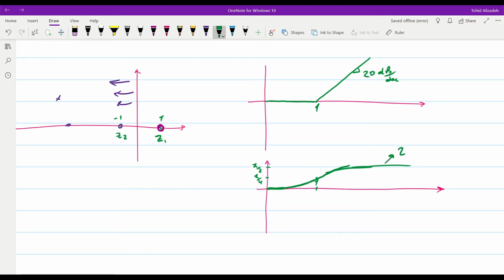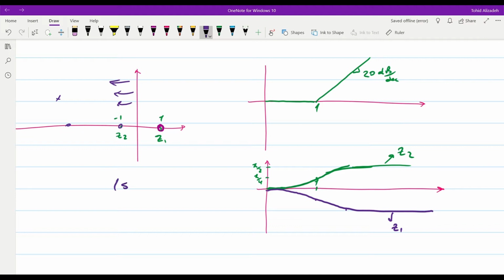This is for Z2. But when the zero is on the right half plane, its angle or phase will become negative. It will behave like a pole indeed. This is what we have for Z1. And you can find out why this happens by referring to the formulation that we have for the zero.